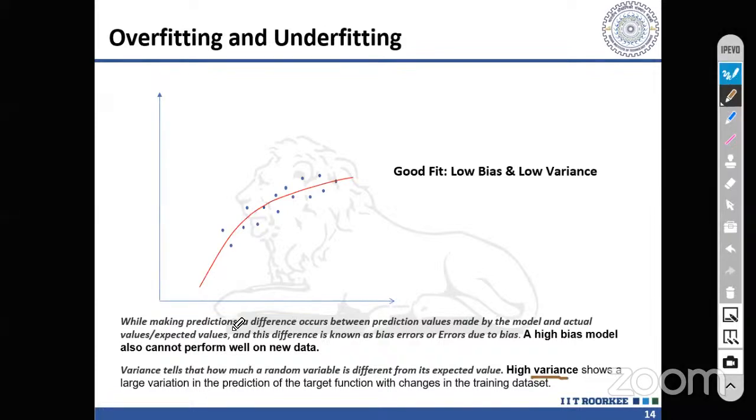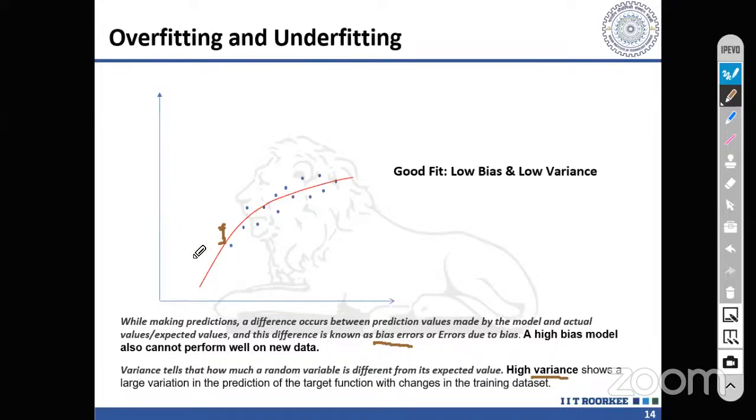While making predictions, a difference occurs between the prediction value made by the model and the actual values, and this difference is known as bias error. This is the prediction and this is the actual, so this is the bias error. A high bias model cannot perform well on new data.